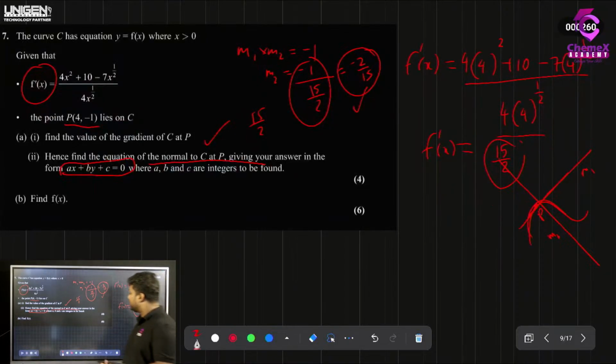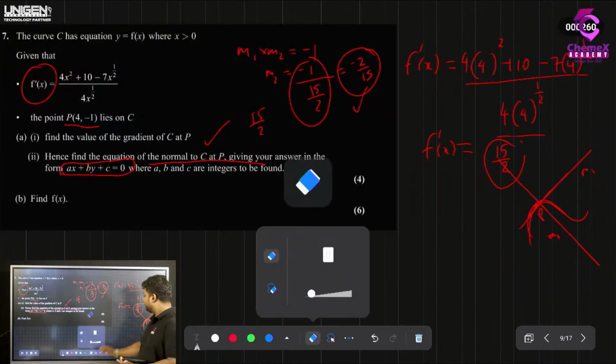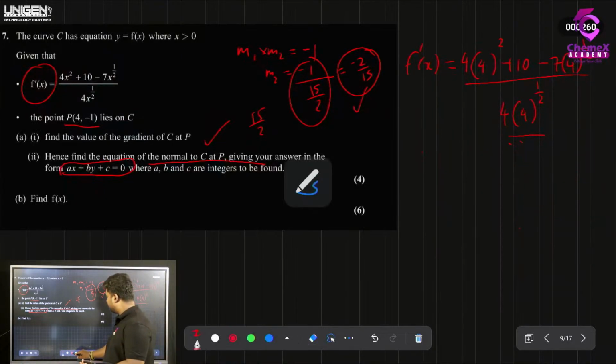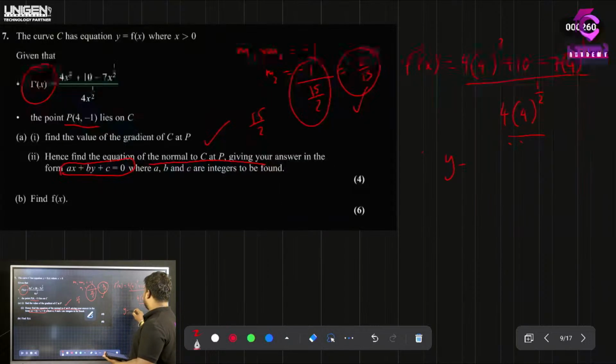So if you know the normal gradient, how do you get the equation? By y equals mx plus c, or if you know this equation it's much easier: y minus y1 equals m bracket x minus x1. Do you know both?